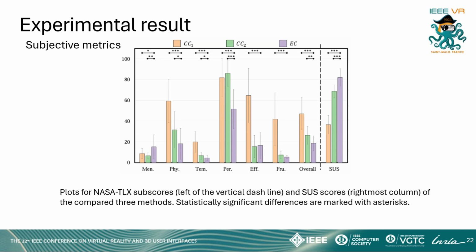For NASA TLX subscores, the EC method had higher mental demand than the CC methods, p less than 0.05. No significant differences in effort and frustration subscores between EC and CC2, p equals 0.78 and p equals 0.061, but significant differences between EC and CC1, p less than 0.001. The EC method showed better performance in other subscores.